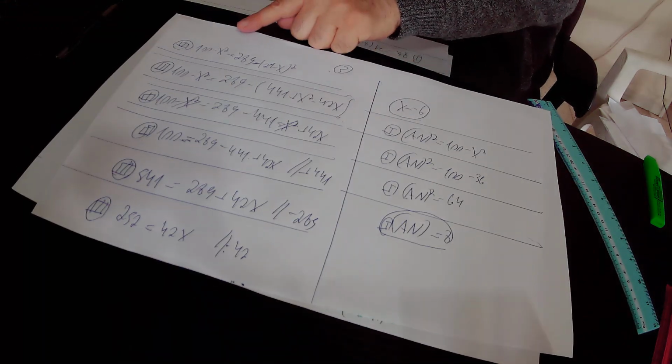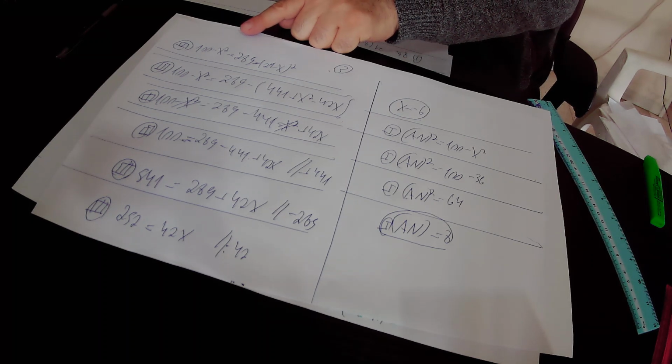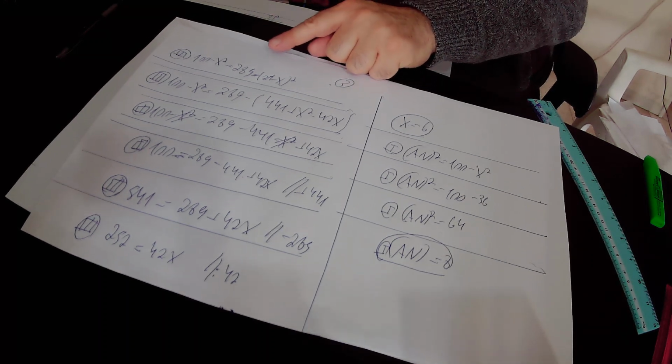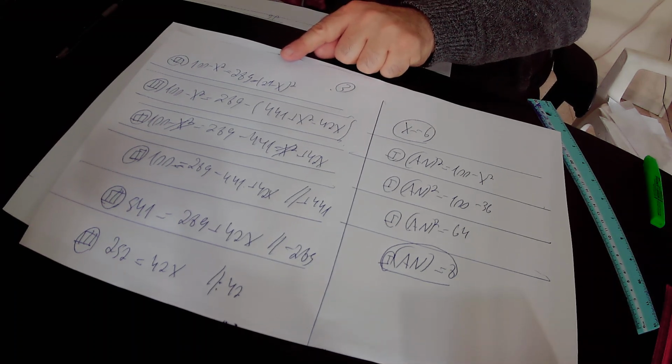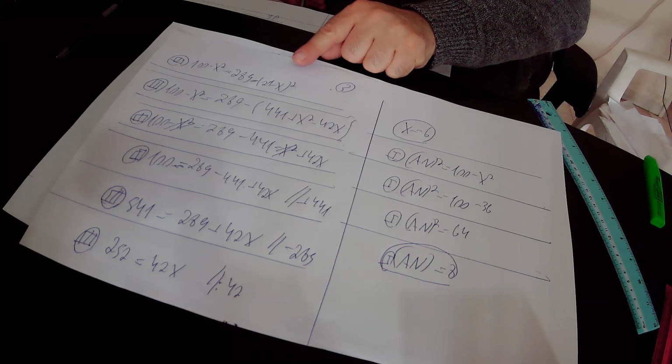AN square according to equation 1 equals 100 minus x squared, and it must be equal to 289 minus (21 minus x) squared.